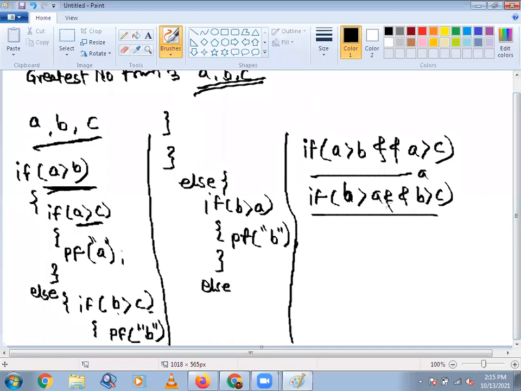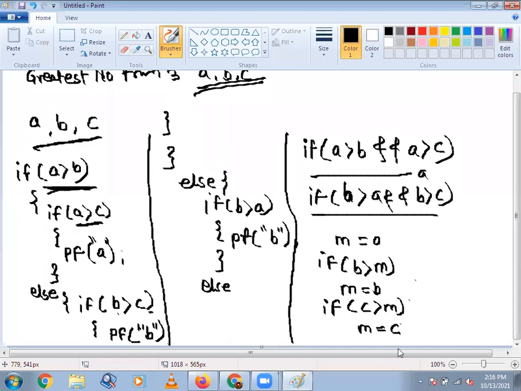Third method, we are using only if statements. Suppose I have taken another variable m, and first I will set m equal to a. Then I will check if b is greater than m; if this is true, then m is equal to b. Then I will check again if c is greater than m, then m is equal to c, then print m.